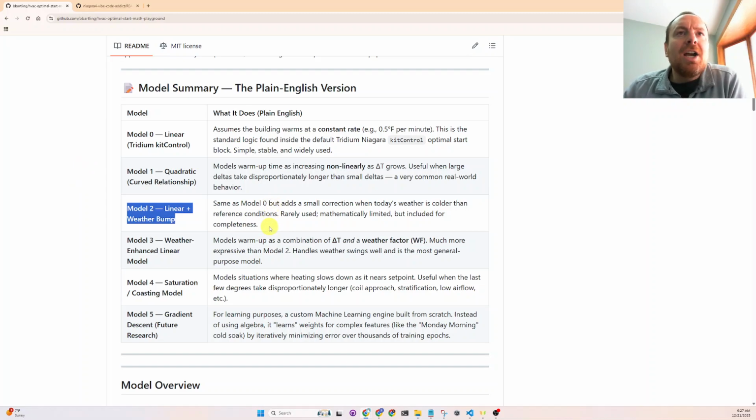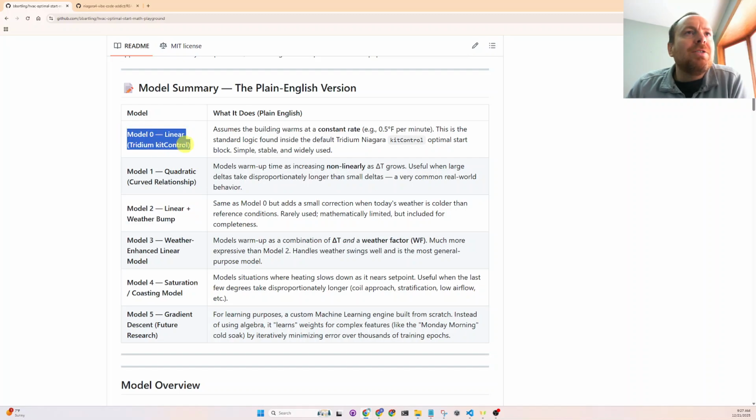We're using AI to help us understand it, and then how to create some code in Python to make sense of it and make some pseudo code format. We've been looking at Model 2, and it's so similar to our Model 0, which was just the constant degree per minute, but it actually takes in a ratio based on weather.